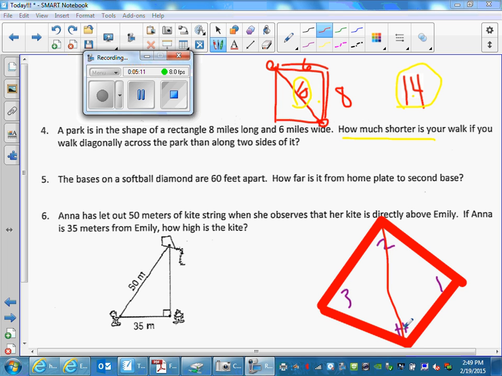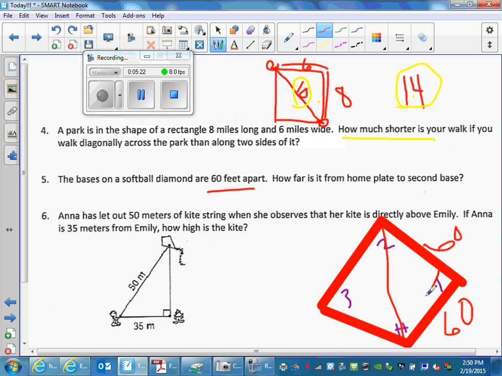Sorry. Okay, so we have each side it says is 60. So if all these sides are 60, this is a square, so that means this is a right angle. So you would take 60 squared plus 60 squared and solve for this hypotenuse.